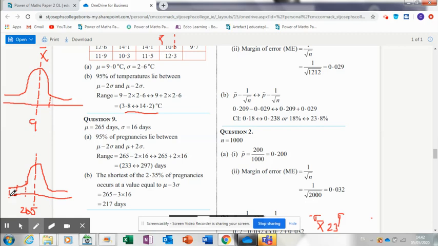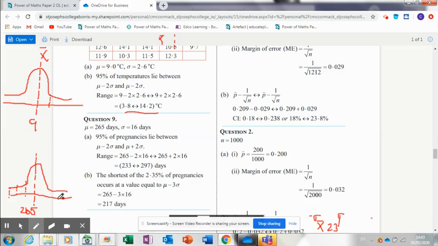So if I calculate 3 standard deviations below, what do I get? It's 265 minus 3 times 16, and that gives me 217. So the shortest of the 2.35% of pregnancies would be 217 days.